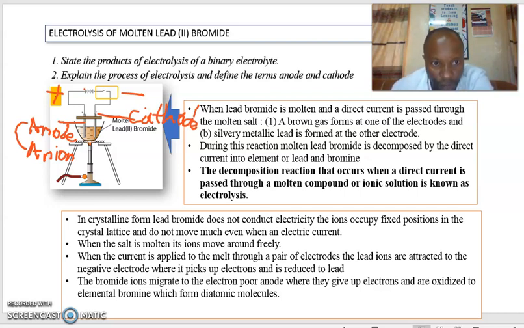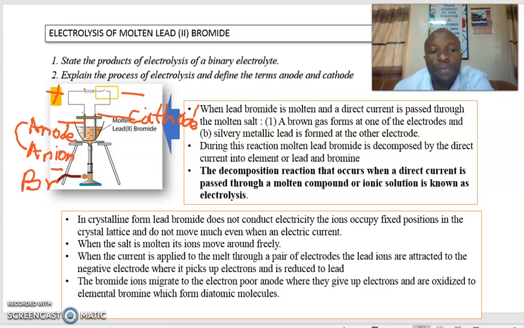When the anions move to the anode, the anode is electron deficient, so it picks up electrons from the bromide ion, and in that case it forms a bromine atom.